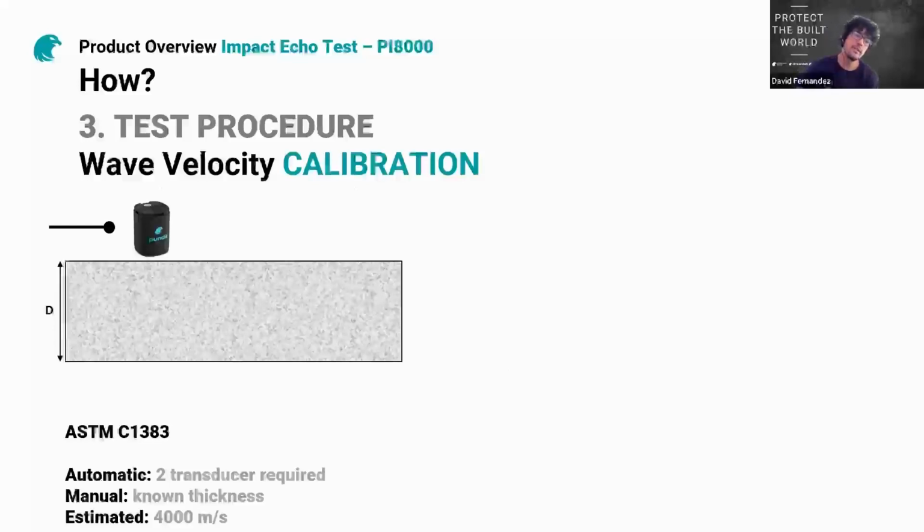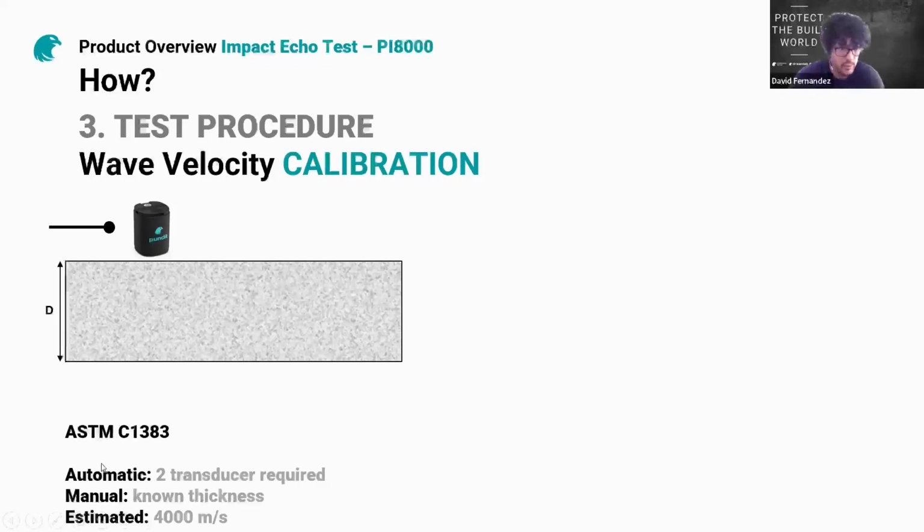Then one very important topic is the calibration of the wave velocity. Impact Echo is standardized in the ASTM C1383, and is also standardized in a German guideline. There are three different methodologies covered by this standard for the calibration of the velocity.